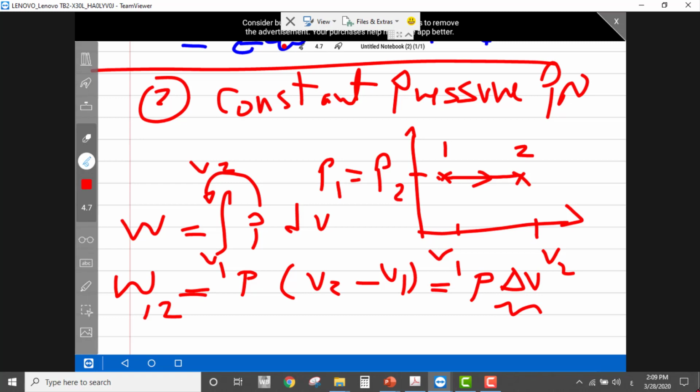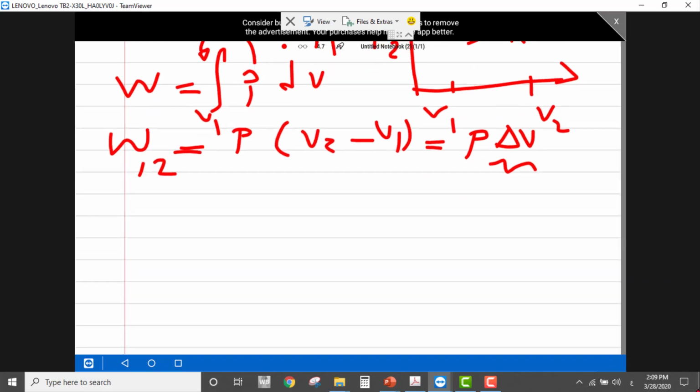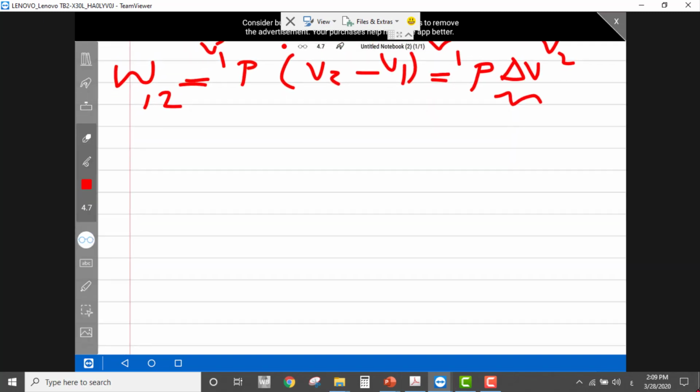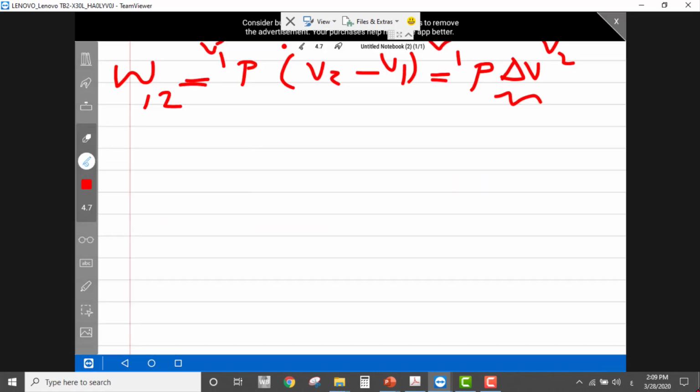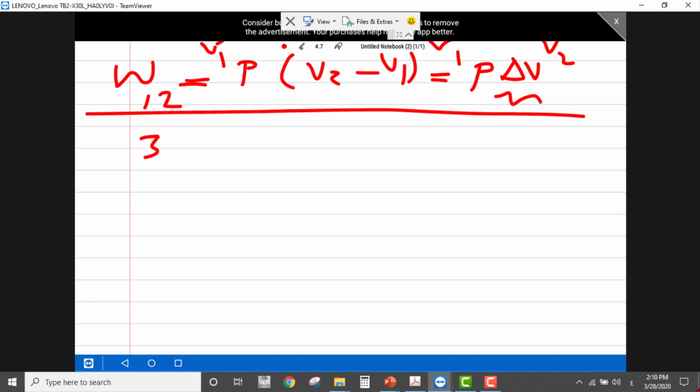So this is the second process, constant pressure process. The third scenario, or the third process, is the isothermal process.